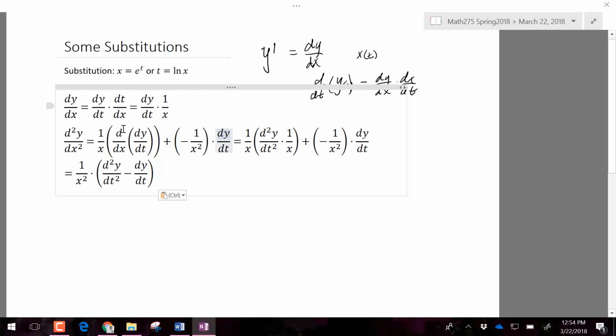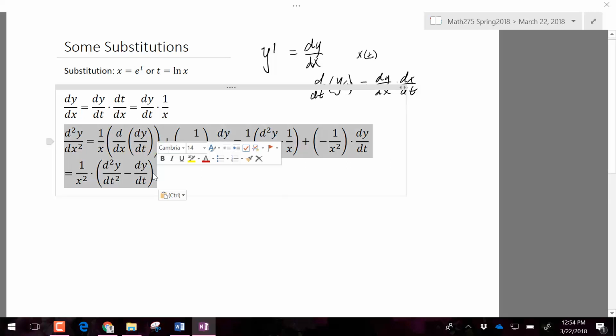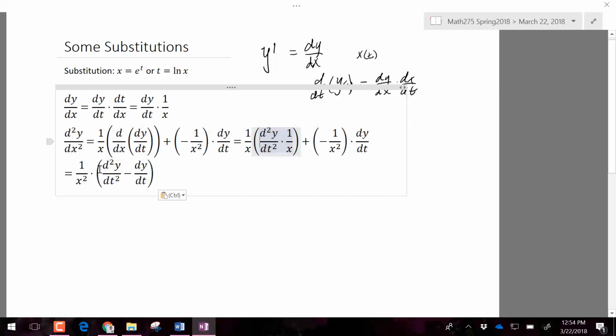Now the second derivative is a little bit more complicated, because you have to look at dy dt times 1 over x as the derivative, and then you want to take the derivative of that with respect to t. See if I can make this fit into one line. I'm broken up by equal signs.